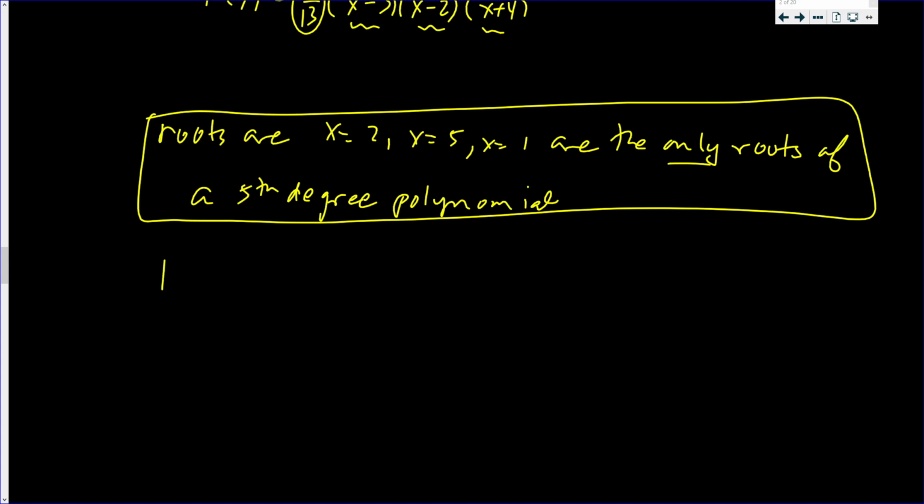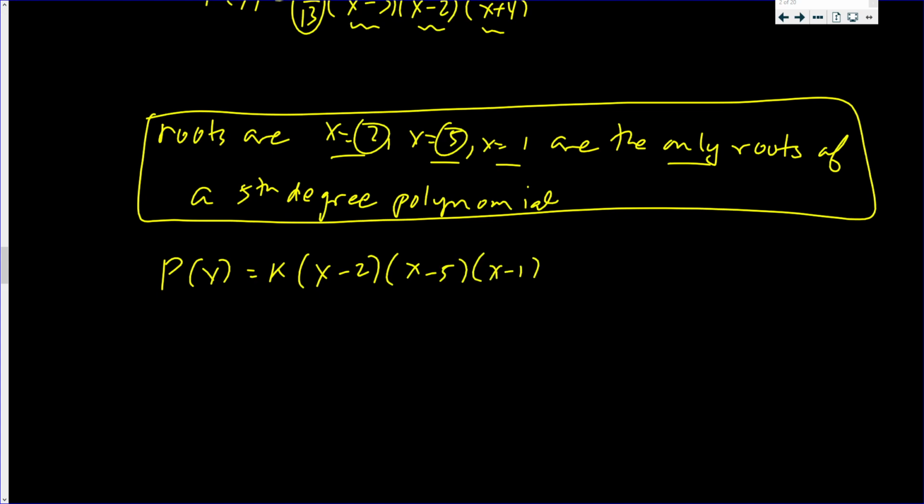So now, I know for sure that a polynomial that has those three roots is equal to some non-zero constant times x minus 2 times x minus 5 times x minus 1. But if it's a fifth degree polynomial, there should be 5 zeros. I only have 3. Well, you know what? I could give a fourth one as x minus 2 and a fifth one as x minus 1.